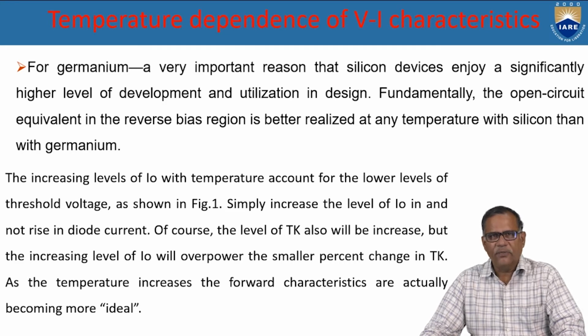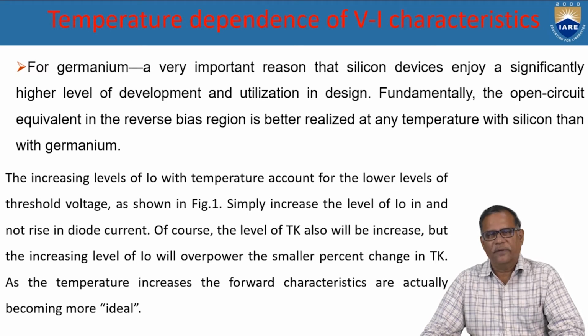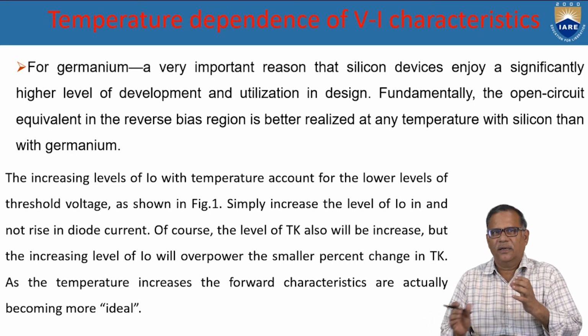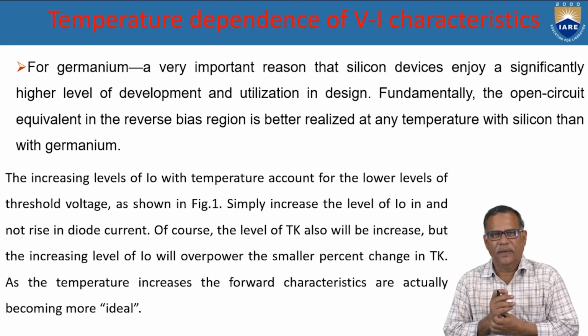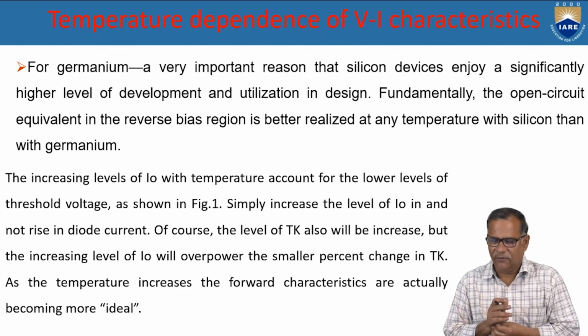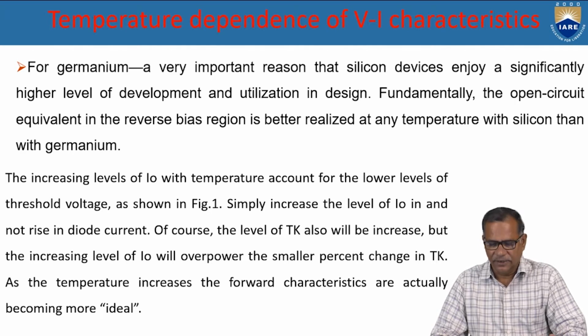In germanium the outermost valence electrons are in the fourth orbit, whereas in silicon they are in the third orbit, so the valence electrons are under a tighter grip of the nucleus in silicon. So silicon is more stable. Increasing temperature accounts for lower levels of threshold voltage: if we increase the temperature, the threshold voltage reduces.